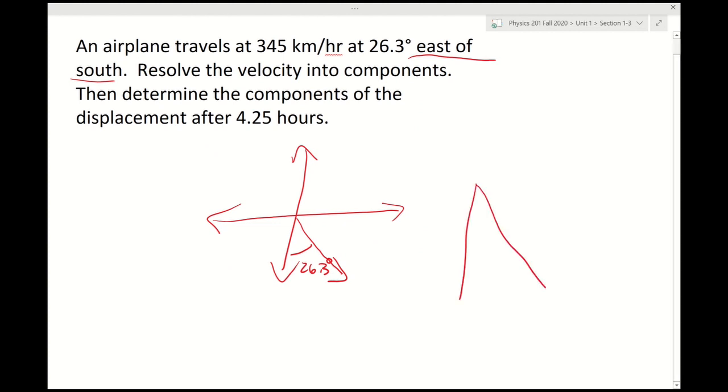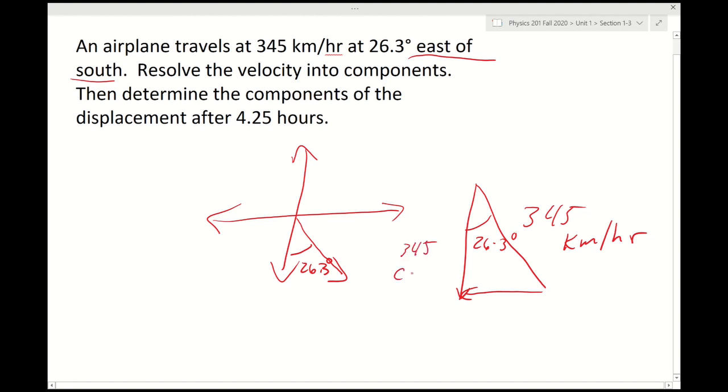So we have 345 kilometers per hour, and we need our horizontal and our vertical components. So with this being a 26.3 degree angle, this would simply be 345 cosine of 26.3 degrees, and this would be 345 sine of 26.3 degrees.